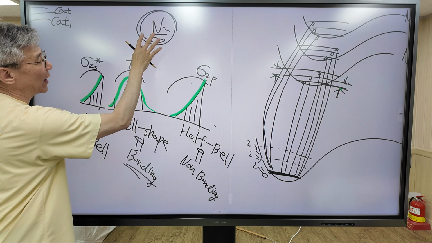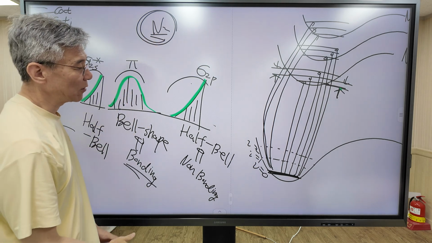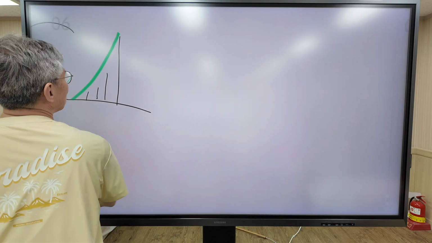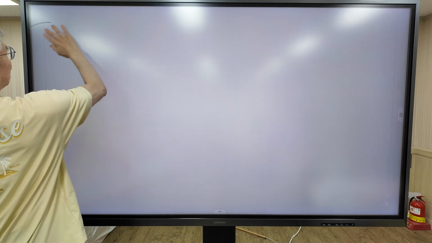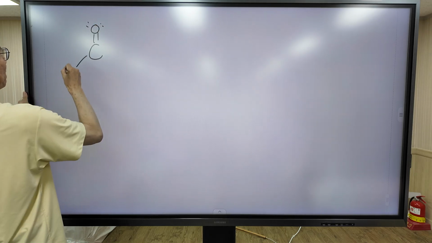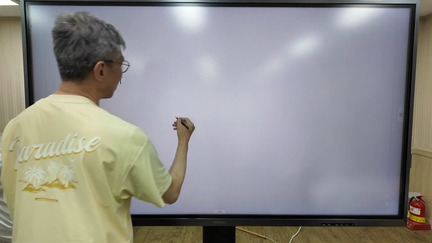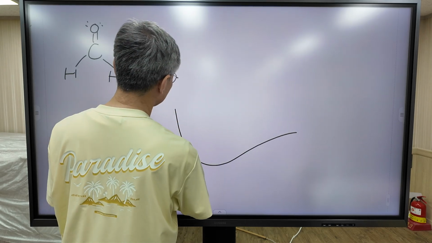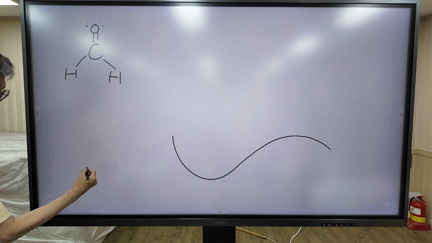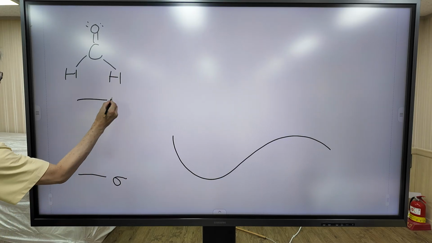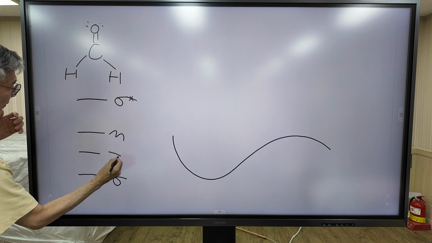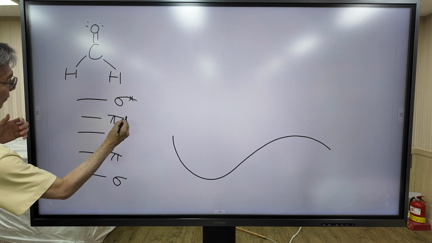This is N2. Now turn to our molecule, formaldehyde. This is the ground state. The molecular orbitals look like this: sigma, sigma star, non-bonding, pi, pi star.